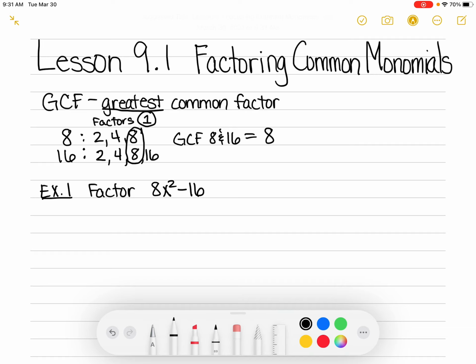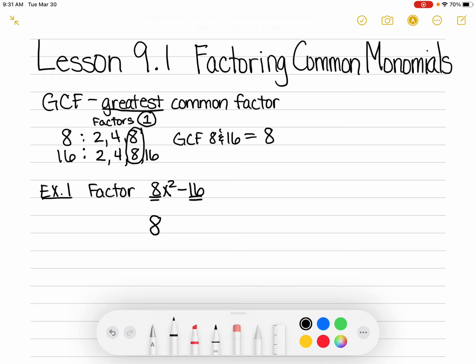So let me show you what I mean by that. We're going to look at the problem and we're going to look at the numbers first. So these numbers are 8 and 16. So you ask yourself, what is the GCF of 8 and 16? Or what number can those both be divided by? The highest number they can both be divided by. And that would be 8.